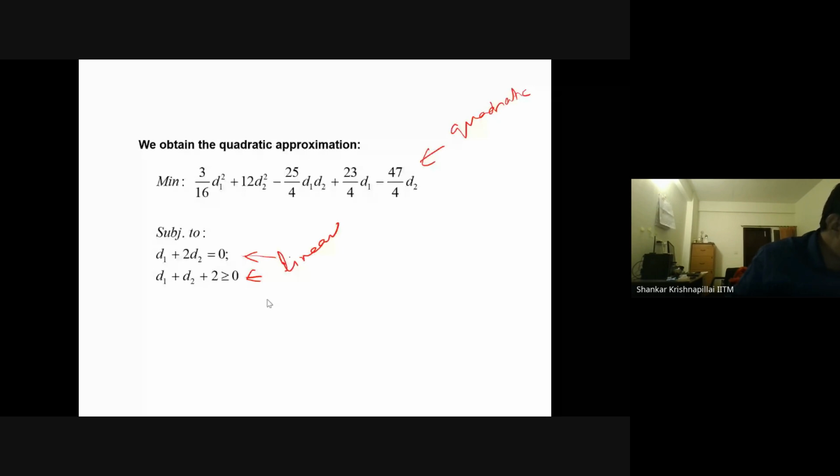If you want to solve this manually, you can put D1 equal to minus 2 D2 and substitute it here, and you will get a single variable objective function, and you can solve it with the golden section method or something. So you will get D1 star and D2 star at the end of it.